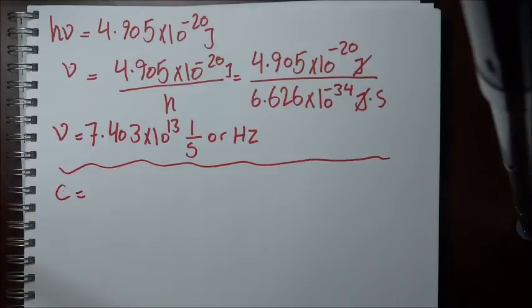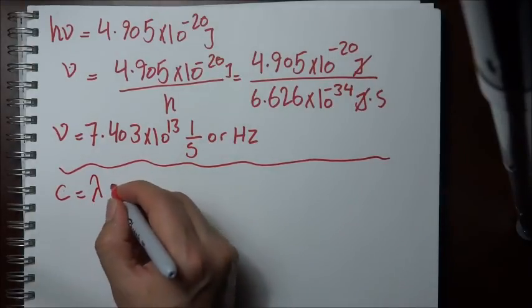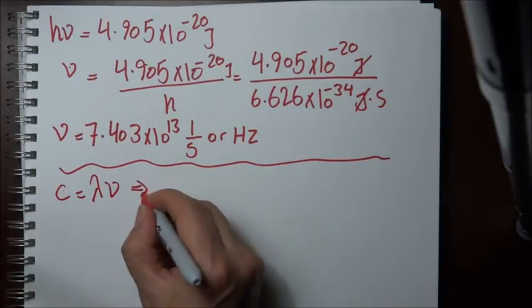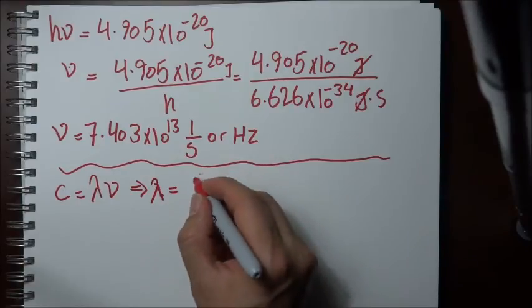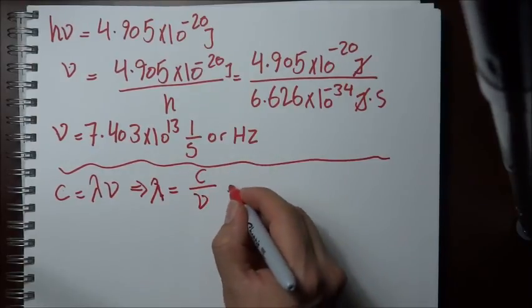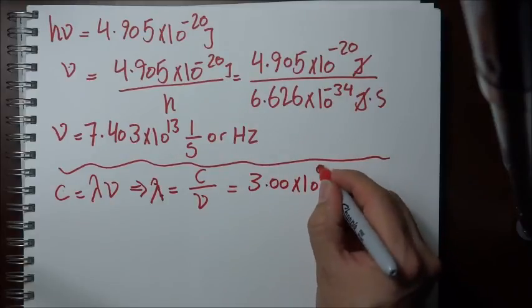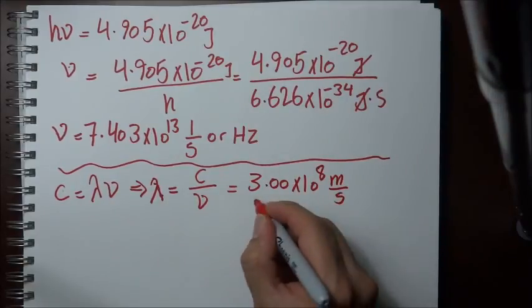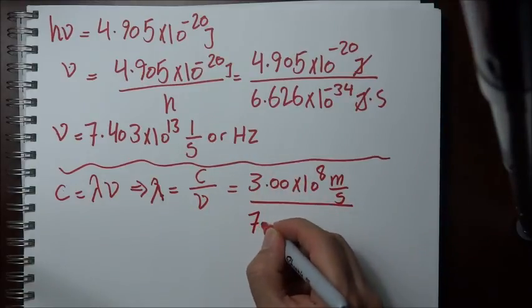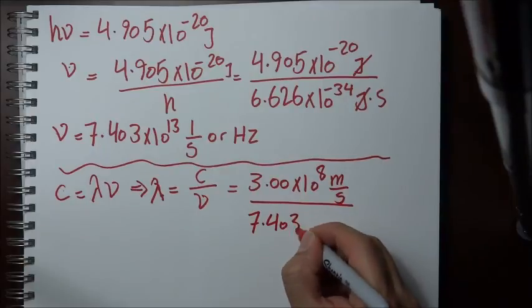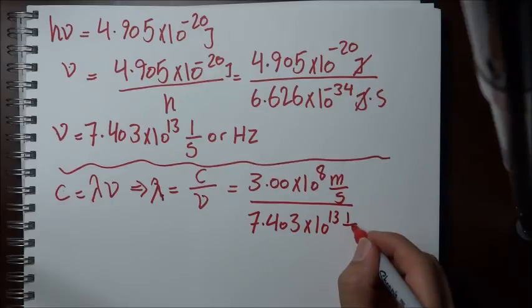Wavelength, you can find it through C equal lambda, or wavelength, multiply frequency, and wavelength lambda is equal to C over frequency. C is equal to 3.00 multiplied 10 to the power of 8 meter over second, divided by frequency, which is 7.403 multiplied 10 to the power of 13, 1 over second.